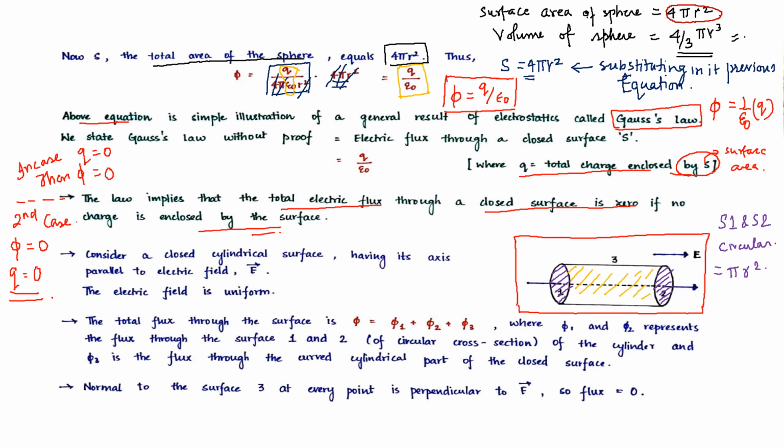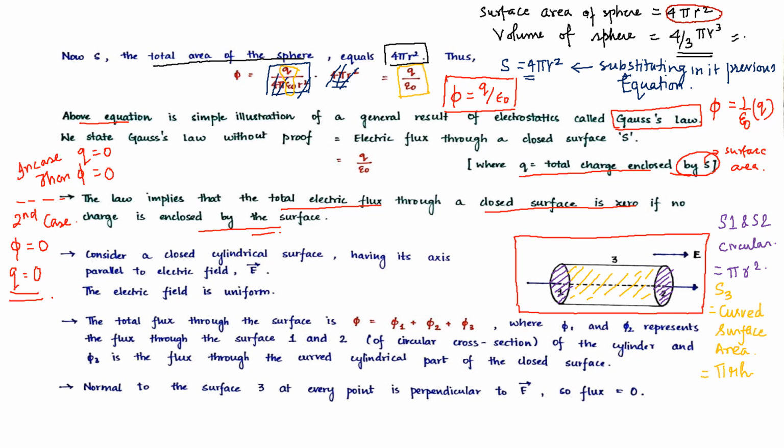This curved surface area S3 is given by pi r h.